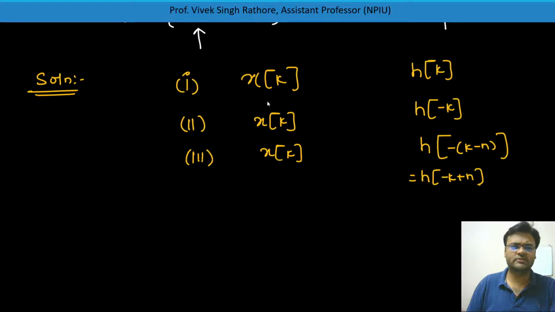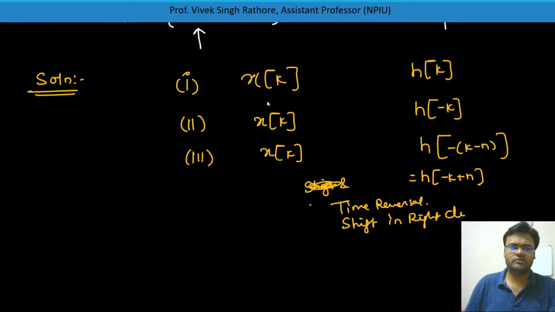So this means we first need to do time reversal, and then shift in the right direction. This will be our steps in the graphical method.